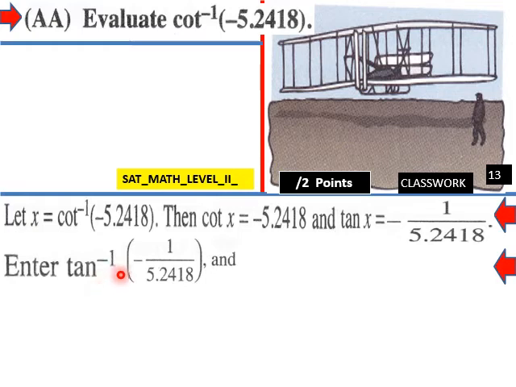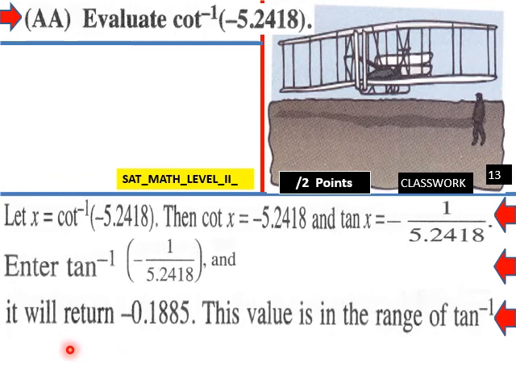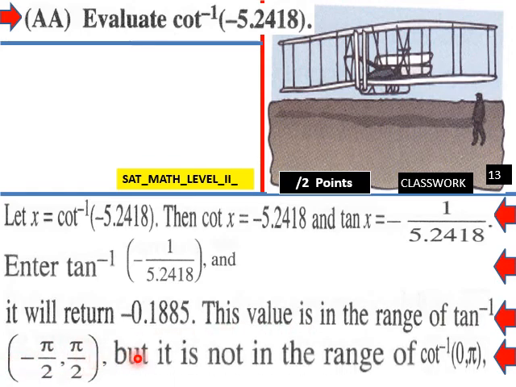Enter inverse tan of negative 1 over 5.2418, and it will return negative 0.1885. This value is in the range of inverse tan, so it is in the range negative pi over 2 to pi over 2. But it is not in the range of the inverse cotan, which is 0 to pi.